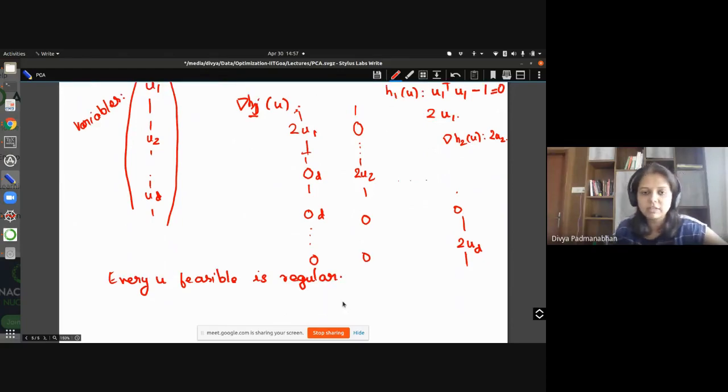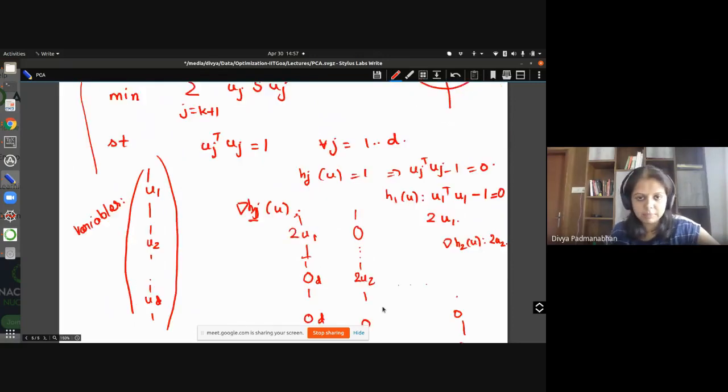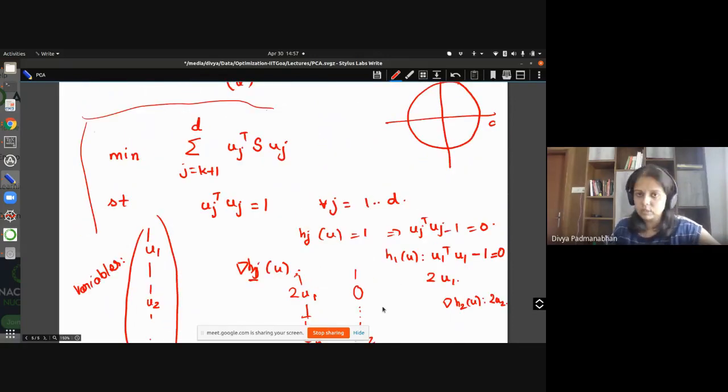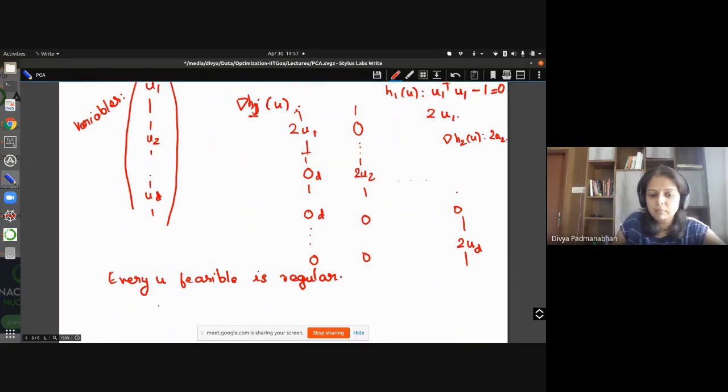And so because of that, we have this necessary condition which says that if you have the optimum point to this problem, it will satisfy the KKT conditions. So the optimum u star is going to satisfy KKT conditions.